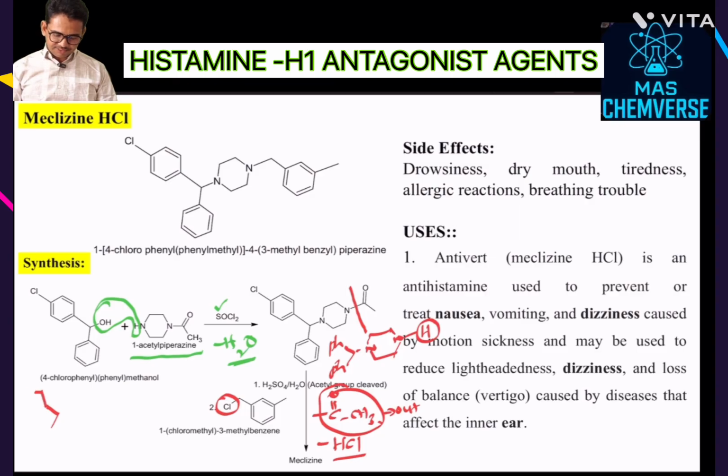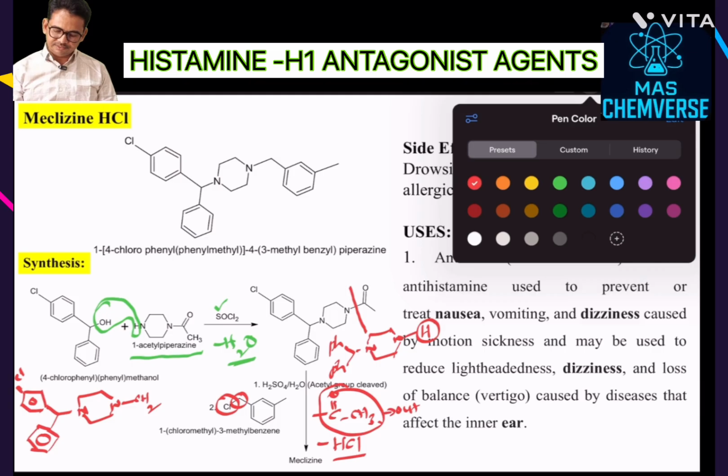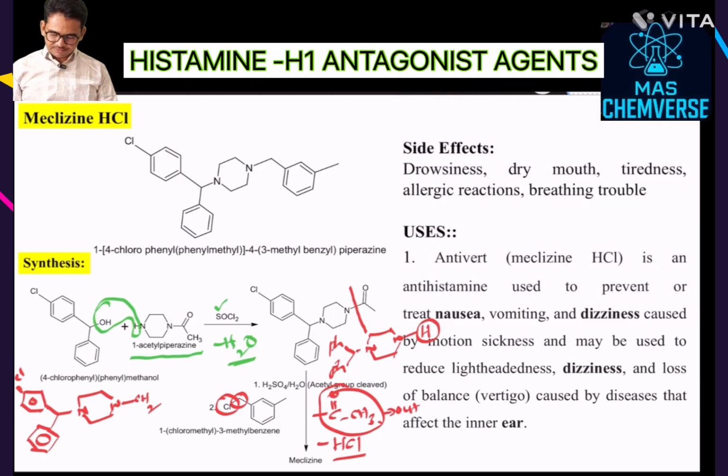How is it going to produce meclazine? See here, one phenyl, in the para position what is it having? Chloro. Then another phenyl. Okay. Then methyl attached to the piperazine. This piperazine has a methyl attached on one side. That methyl is here, just see. This is the methyl, same methyl here. I will write.